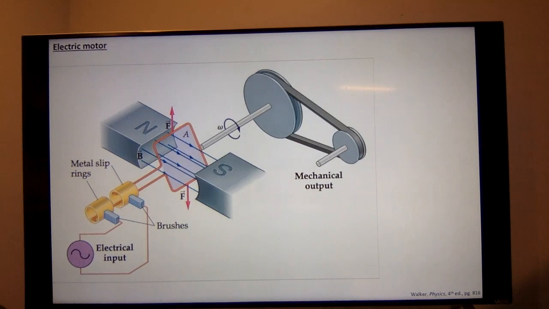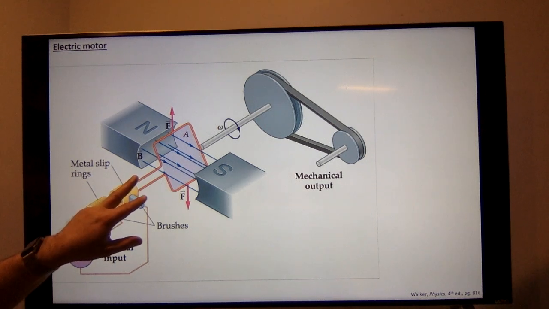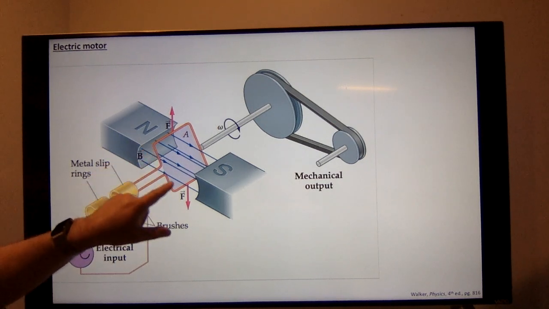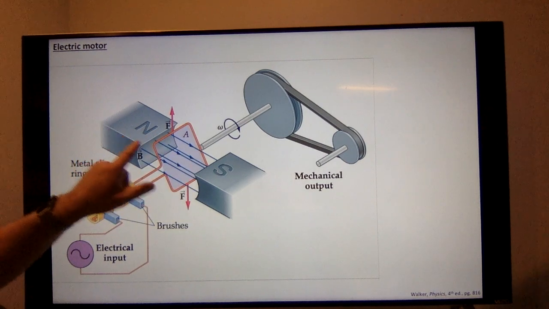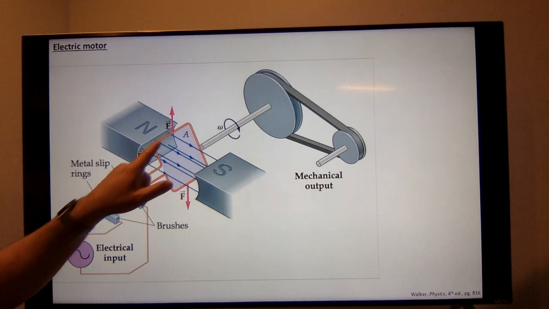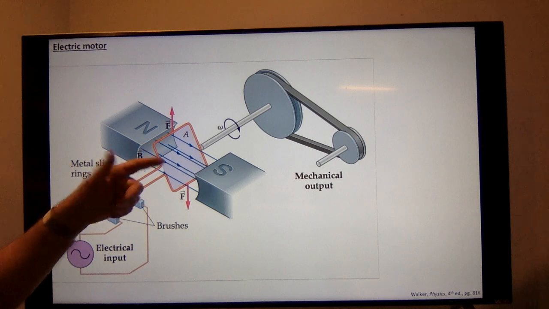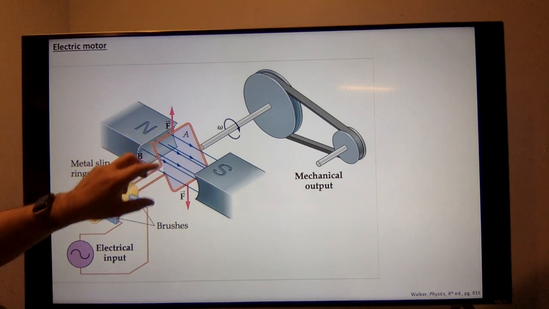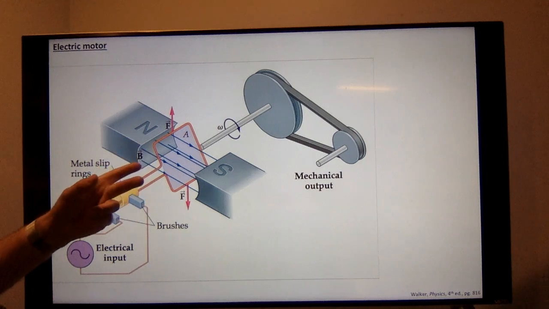The thing is that this works exactly backwards as well. What if I take current that's alternating, right? If I take the current and I'm always changing the current that's in here and I put it in a magnetic field, remember we said that if I have current that's going through a wire in a magnetic field, then that wire feels a force. And you can see that if it's a loop of wire, we briefly mentioned last time that would cause a torque.